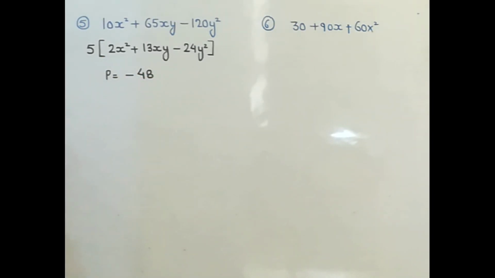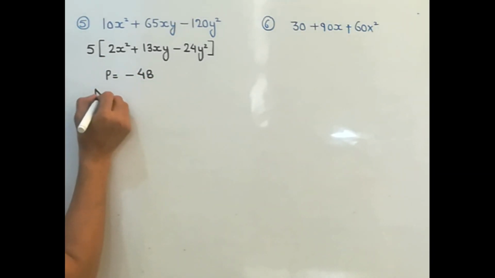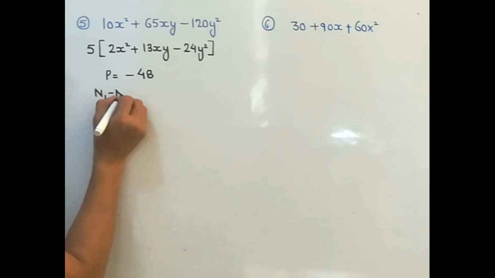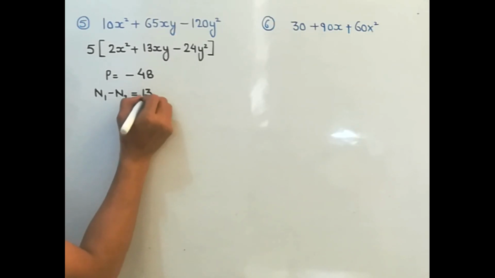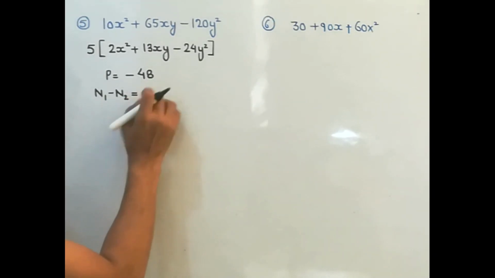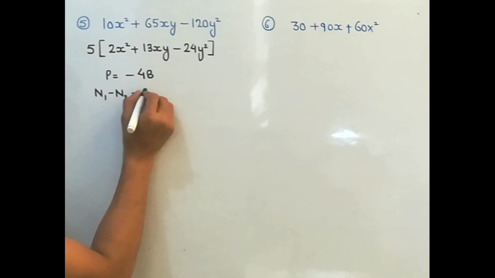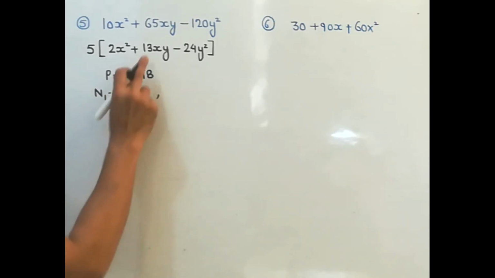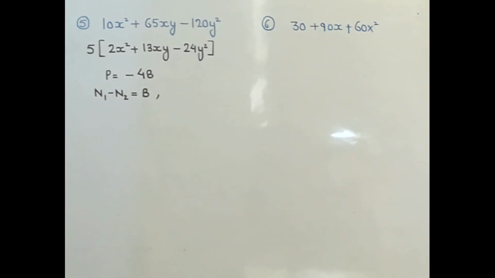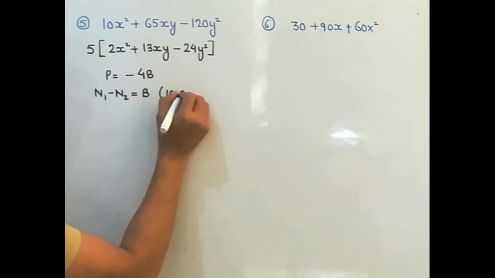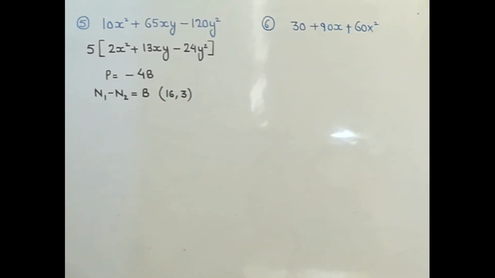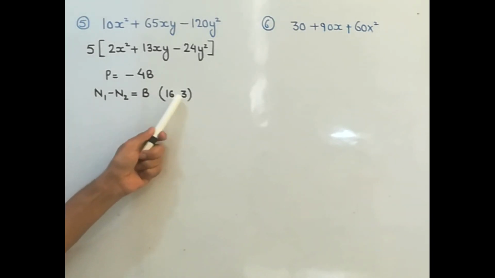Now if the product is negative, that means two numbers are required whose difference should be equal to the numerical value of b, that is 13. So which two numbers? We can say the two numbers will be 16 and 3. 16 and 3 when multiplied give us 48, and when their difference is taken, it gives us 13.